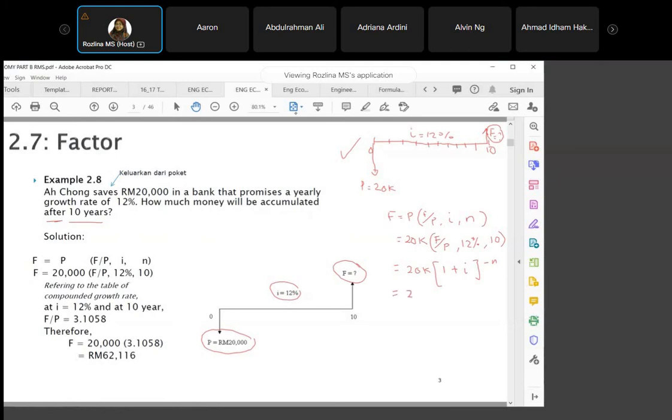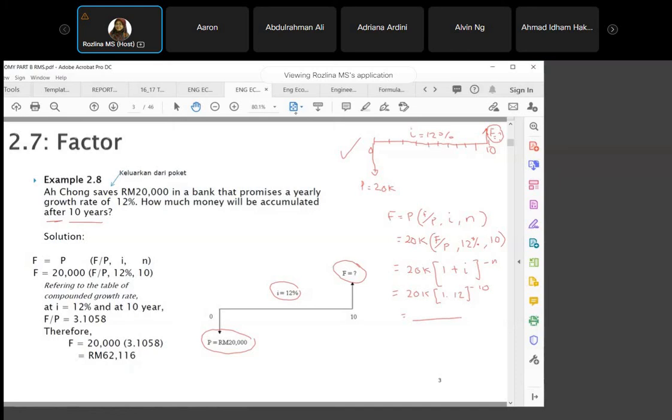So 20K, 1.12 to the power of N, which is 10. So you will get the answer.